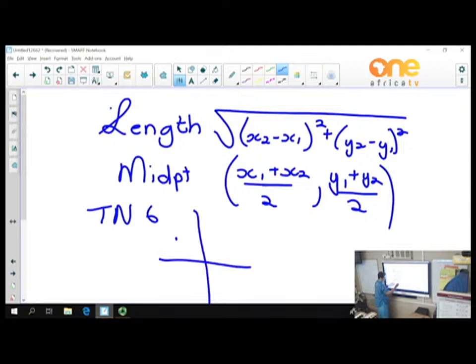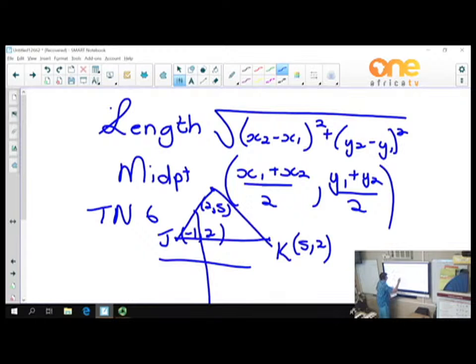Minus 1, 2, that is J. The next one is K, which is 5, 2, so it should lie on the same line. And then 2, 5. So 2, 5 lies here. So there are your 3 points, J, K, and L.